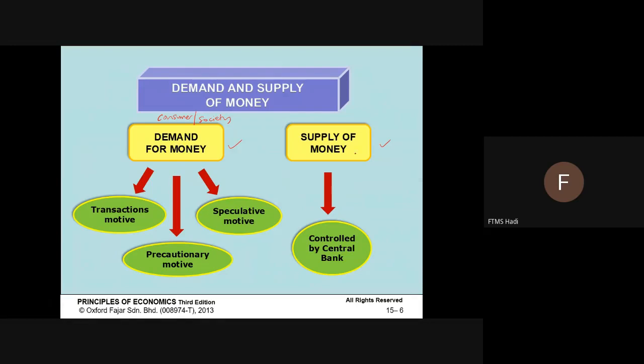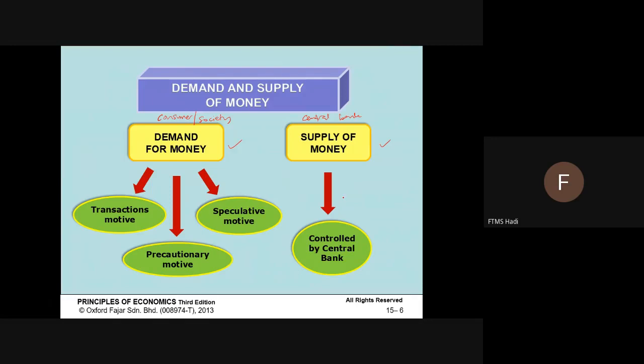And then for supply of money, that means the producer who produces money. We're talking about the central bank. Anywhere around the world, the central bank usually supplies the money. If you look at the paper money in your hand, you will find the name of the central bank. For example, in Malaysia, the paper money is issued by Bank Negara Malaysia. Or if you have American notes, it is issued by the central bank of America.